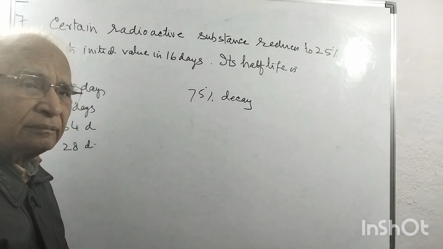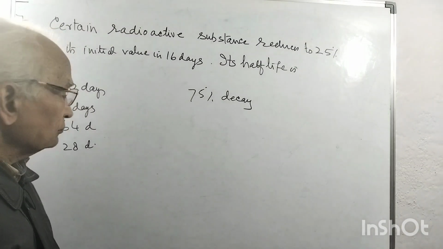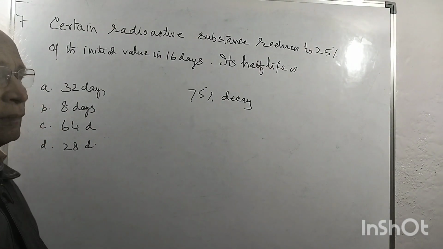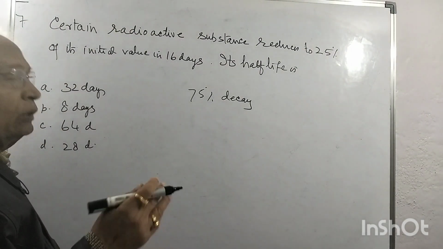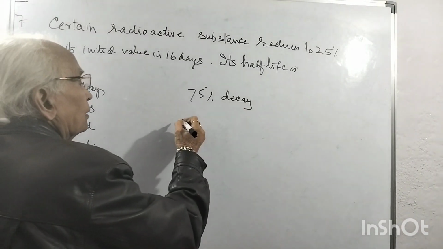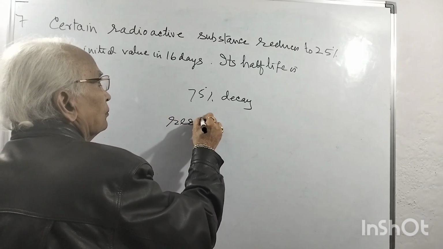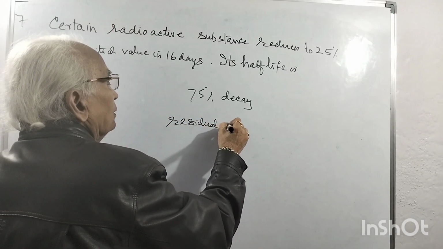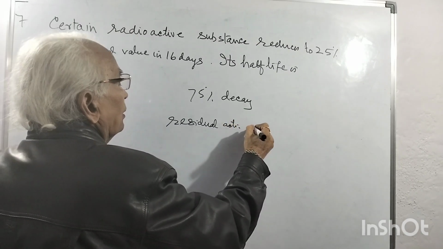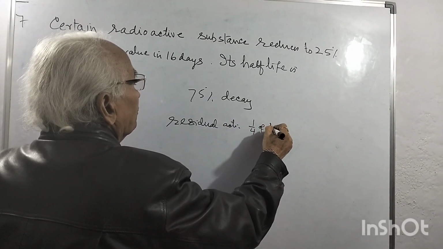It becomes 1 by 4. So 25% remaining means 1 by 4. Residual activity is 1 by 4 of initial, A naught.